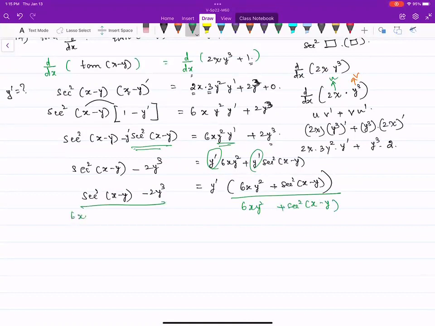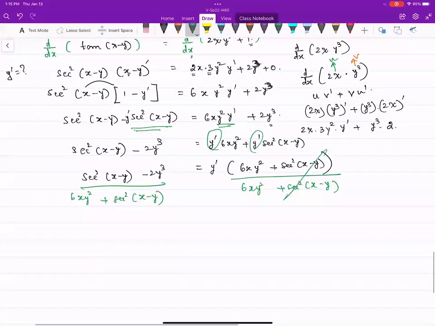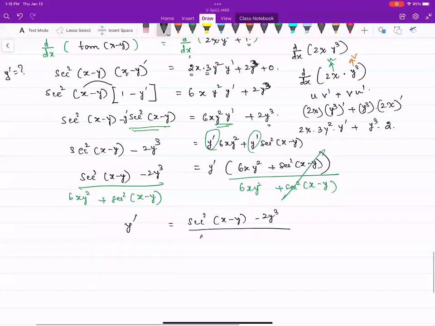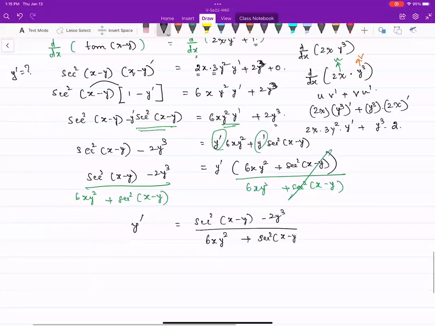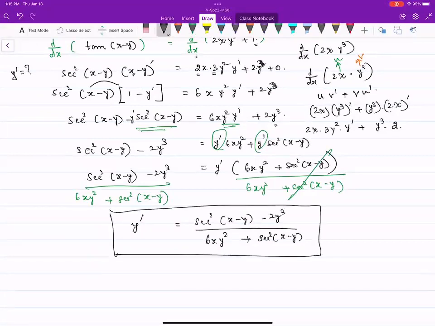These two cancel out, leaving y prime equal to secant squared of (x minus y) minus 2y cubed, divided by 6xy squared plus secant squared of (x minus y). That is the final answer for the derivative.